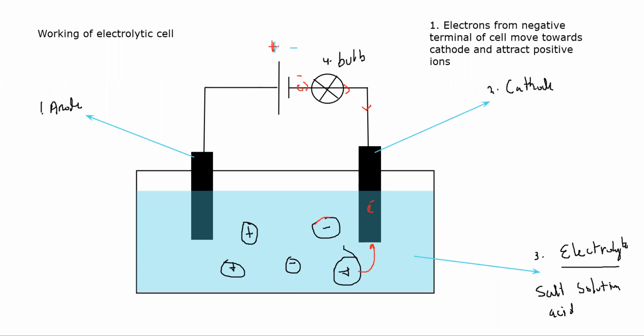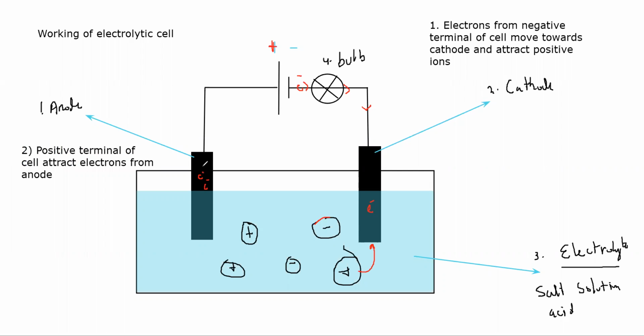Now if I talk about the movement of electrons, the positive terminal of the battery will attract the electrons from the anode. The anode and cathode are made up of conducting material, so they have electrons.